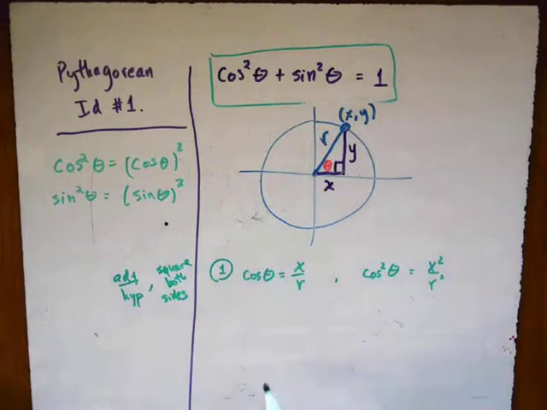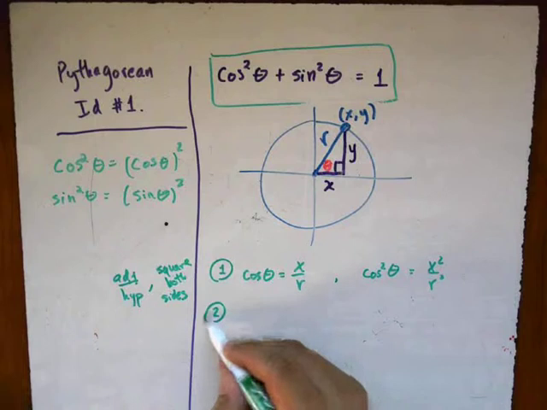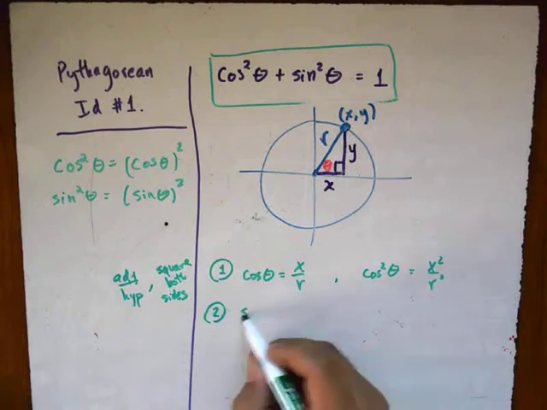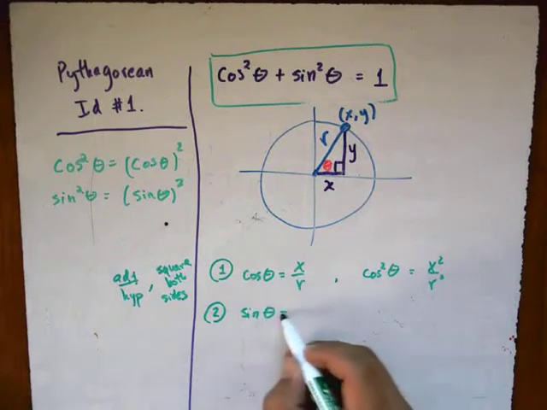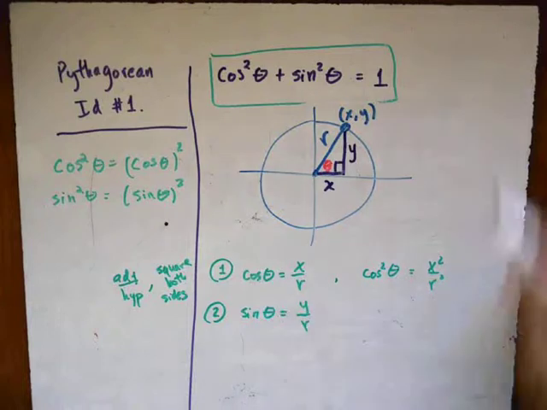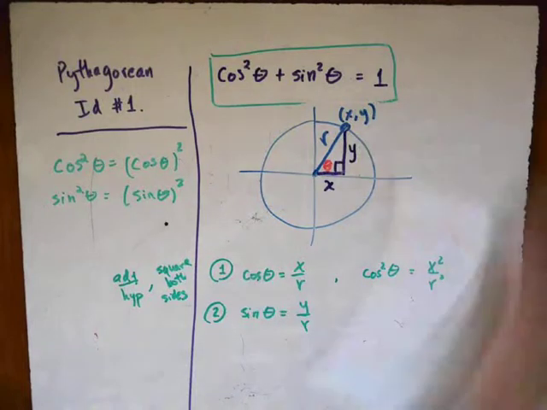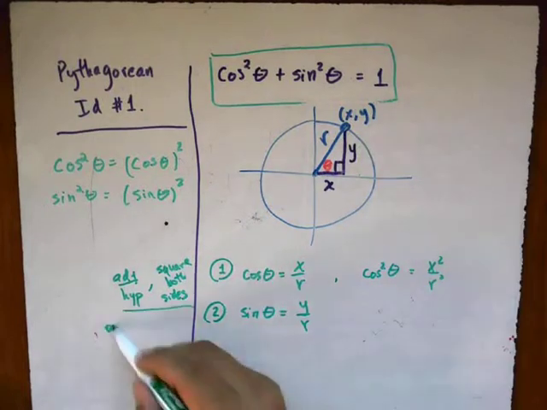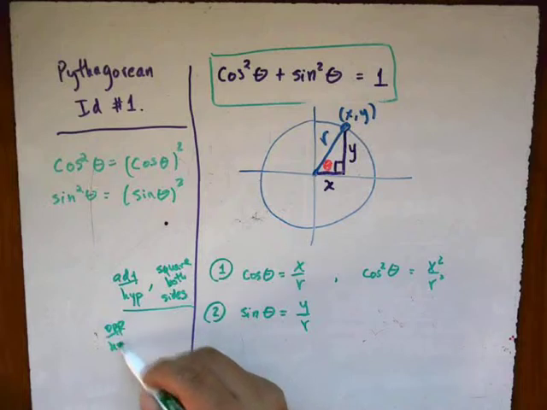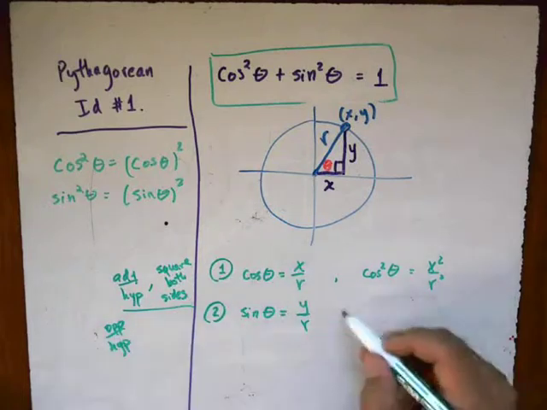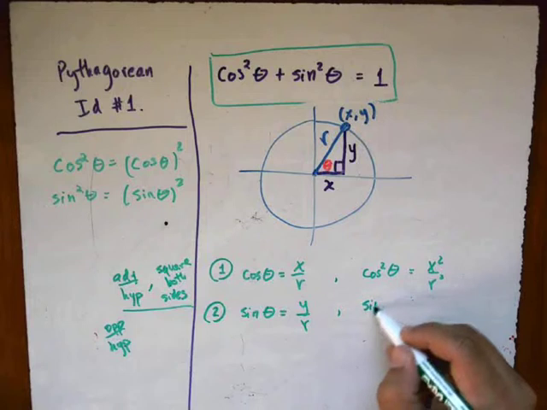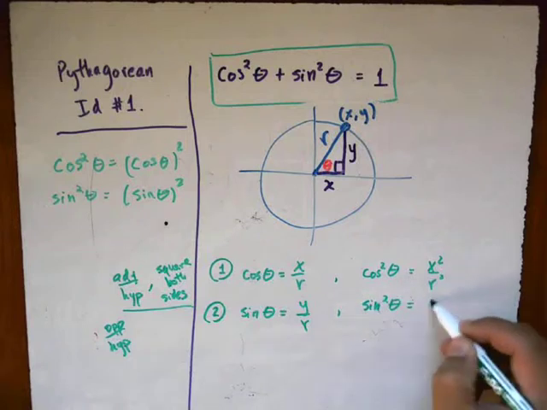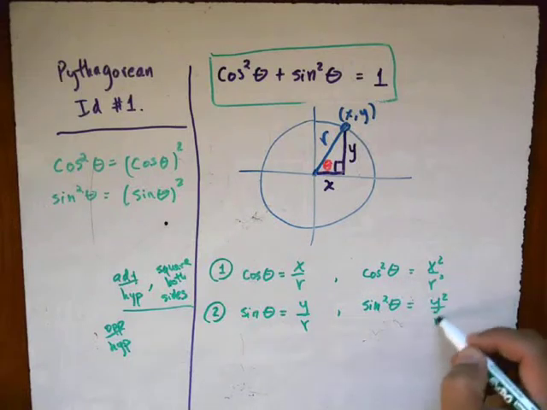Remember, I want to eventually get to this point. We can do similar things with sine. I know that sine of theta is equal to y over r, which is just opposite over hypotenuse. Then we square both sides, and we get sine squared of theta equals y squared over r squared.